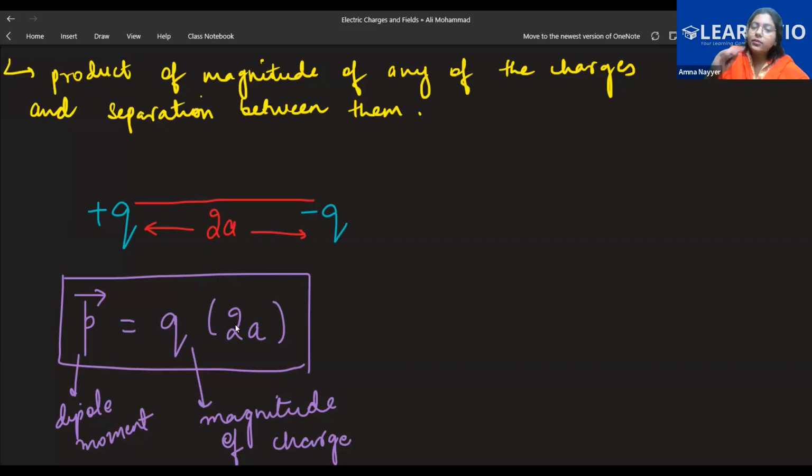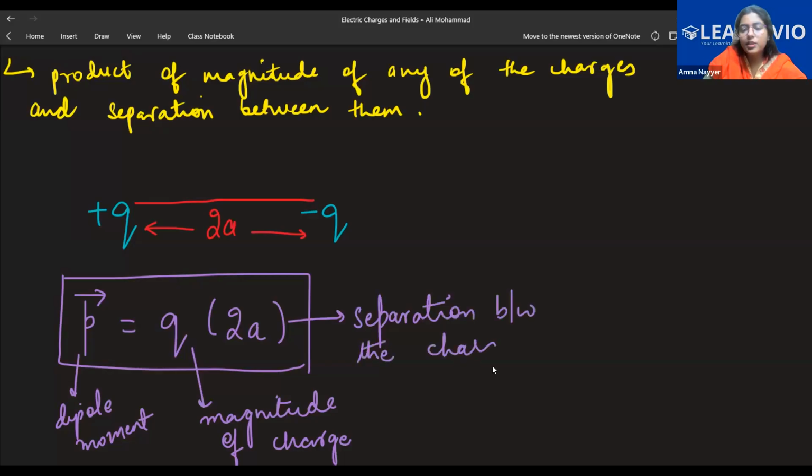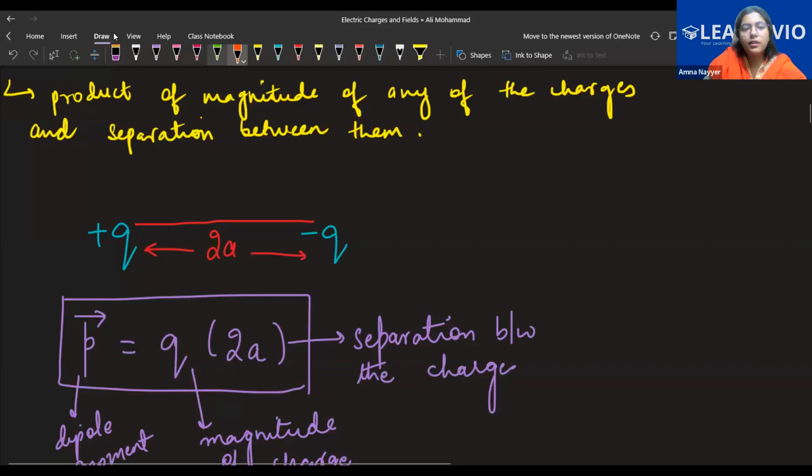By looking at the 2, it seems as if we are doubling the separation, but no, 2a simply means the separation between the charges. That's it.